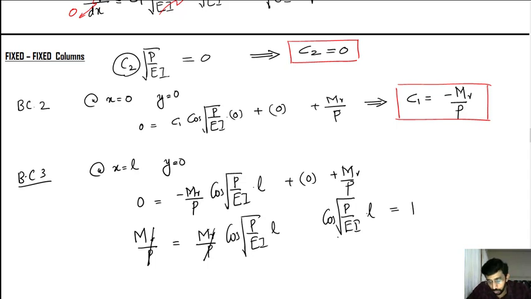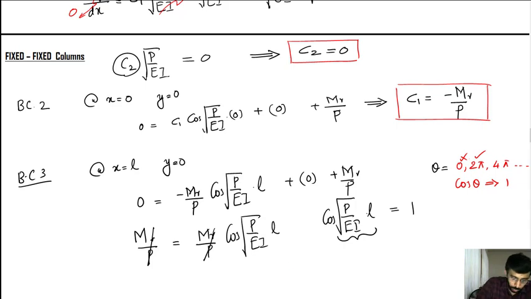Now the question is, for what value of theta does cos give you the value of 1? We know that cos 0 is 1 and cos 90 is 0. For theta equal to 0, 2 pi, 4 pi and so on, cos theta will give you the value 1. Obviously we cannot use the value 0, so we will go with 2 pi.